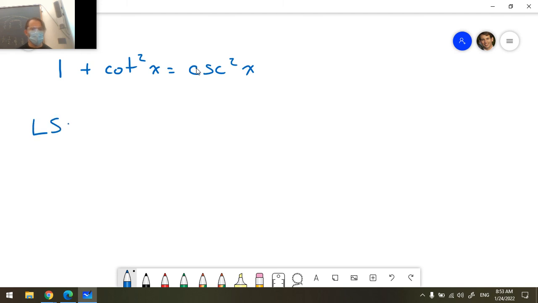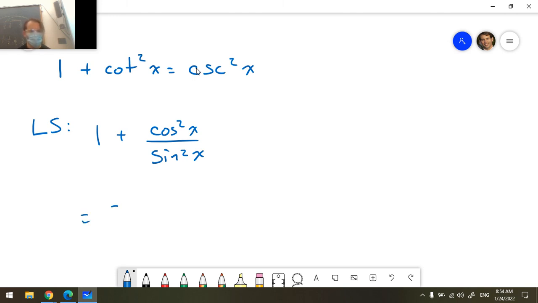The left side, let's simplify that. 1 plus, well, cotangent squared x. This is cosine squared x over sine squared x, because cotangent is cosine over sine, whereas tangent is sine over cosine. So that's one of my quotient identities. Cotangent is equal to cosine over sine. Now I need to create a common denominator here.